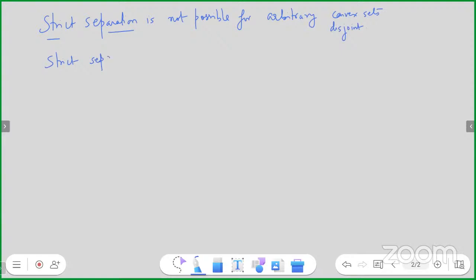The strict separation for a point x which does not belong to chi and a convex set chi. Can you claim at least this much?